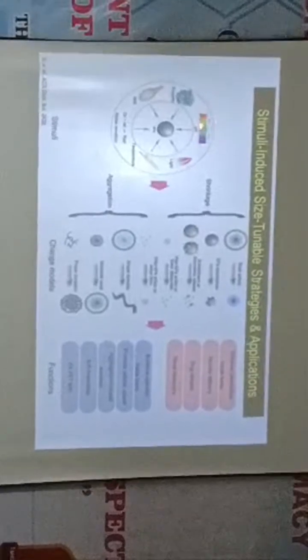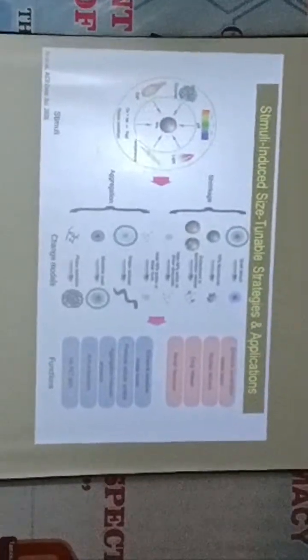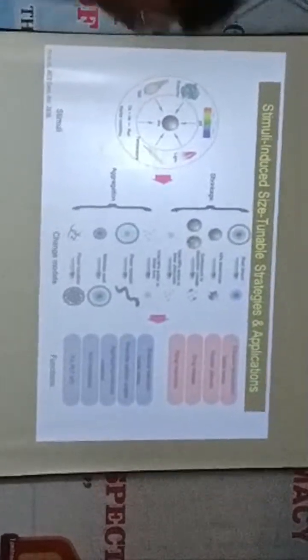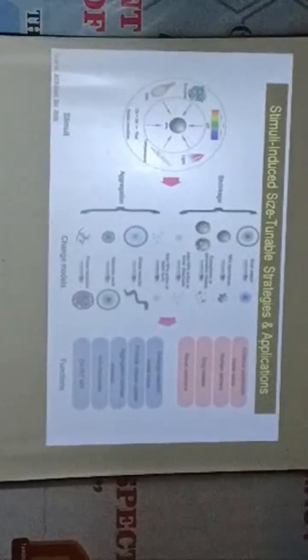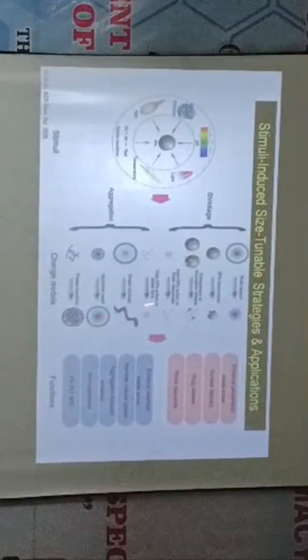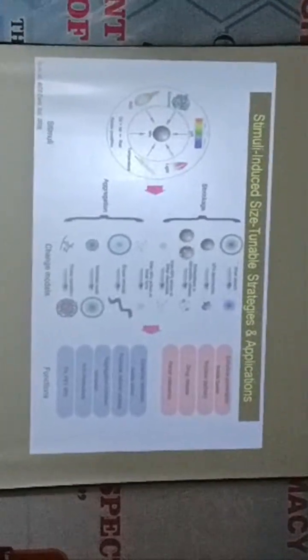So pH is one such example. In the same way, enzymes, ionic concentrations, temperature, and similarly electrochemistry, that is redox behavior, can be used to control the release of drugs. You can see various pictorial representations of how drug release can be achieved. Depending on each analysis, the characterizing equipment or analytical techniques may vary.